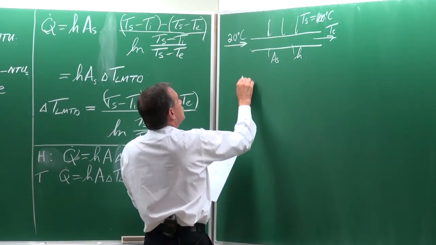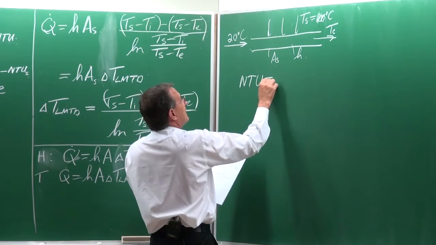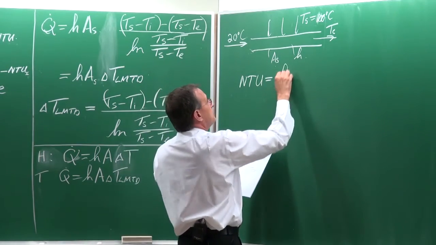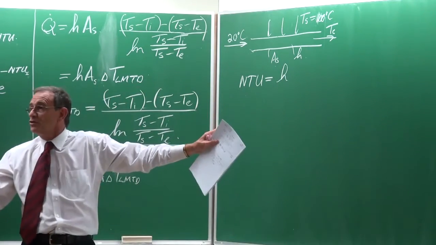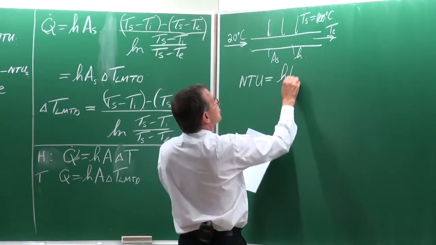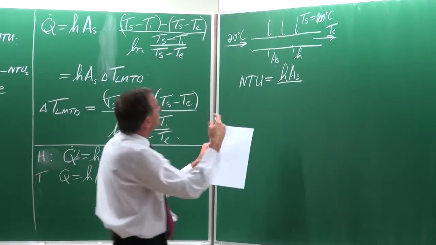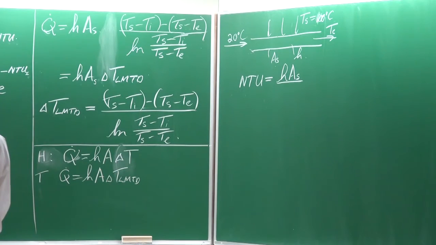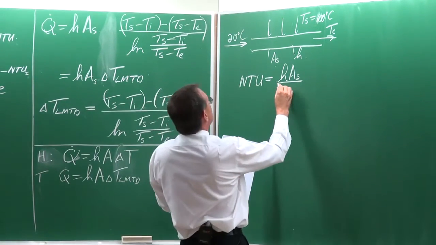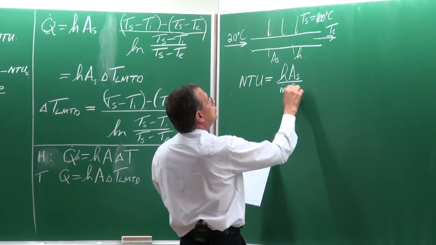Then you can calculate the NTUs. The NTU is very simply the average heat transfer coefficient multiplied by the surface area. The surface area of the tube is pi multiplied by the diameter multiplied by the length, divided by the mass flow rate and the Cp of the fluid.